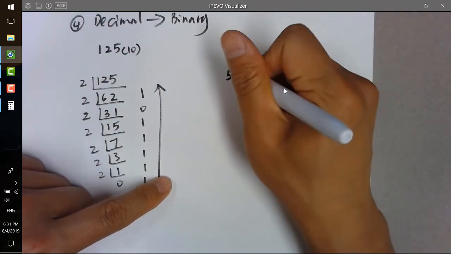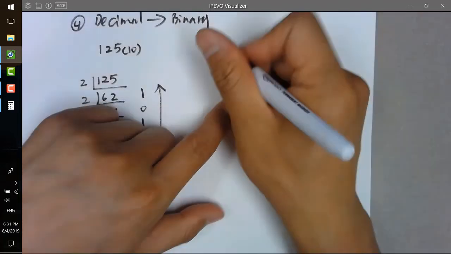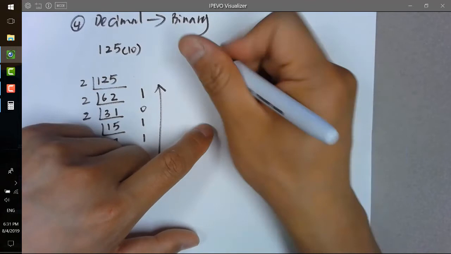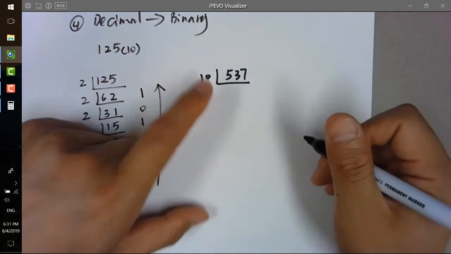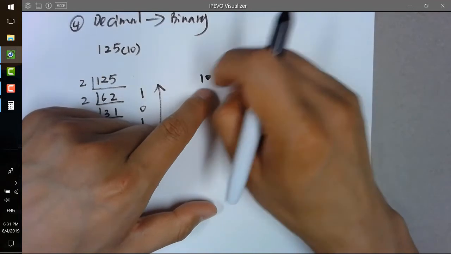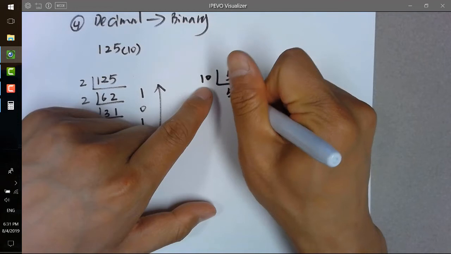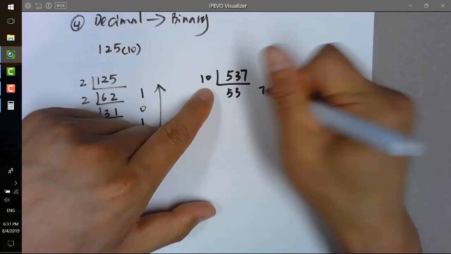I don't know why I like this one, but let's still use this number, right? That's a decimal number, and I'm going to divide it by 10. So in the decimal number system framework, I'm going to divide this number by 10. The result will be 57, and the remainder is 7.